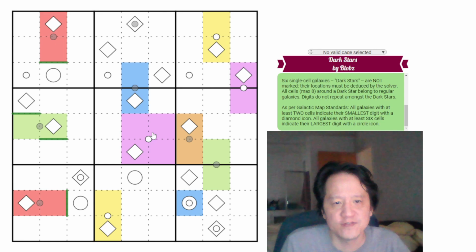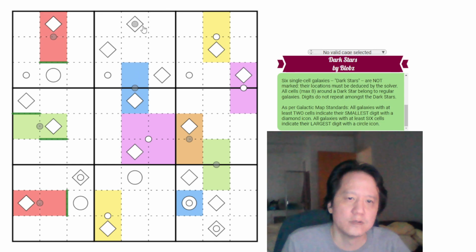This is 4. This is at least 6. This is a Renban, and it's the smallest. So this is at least 3.